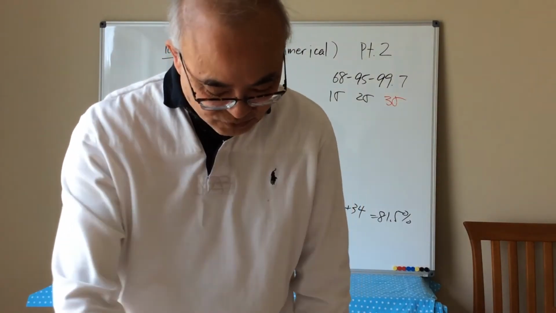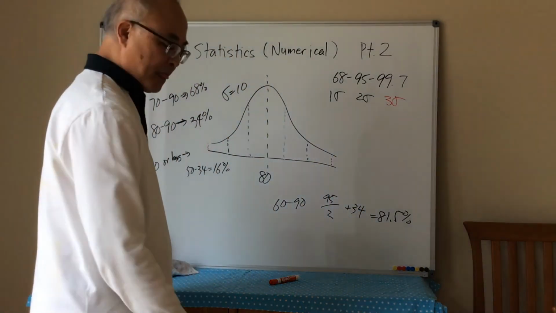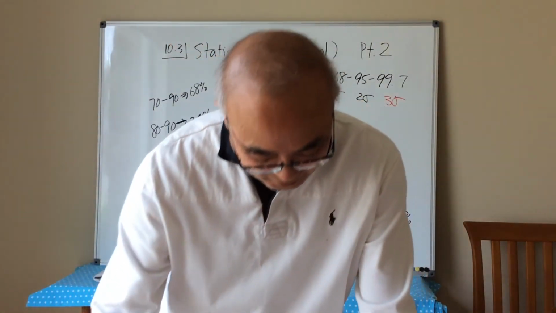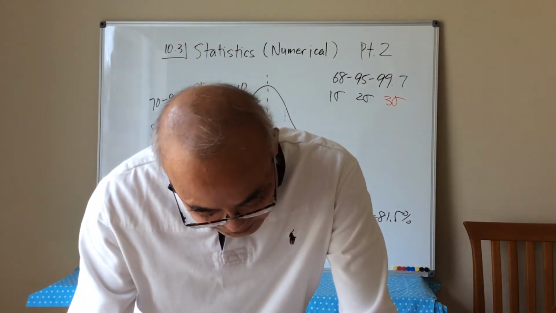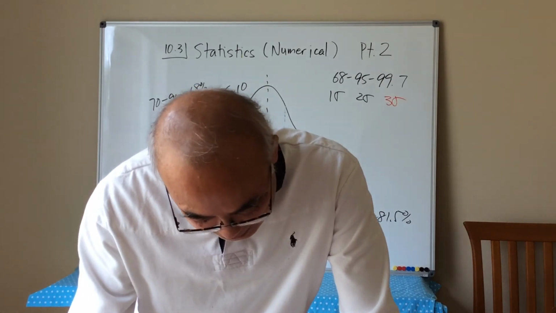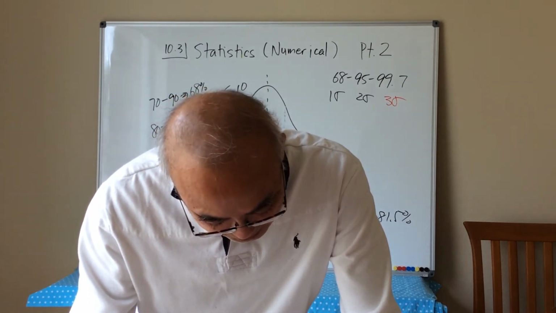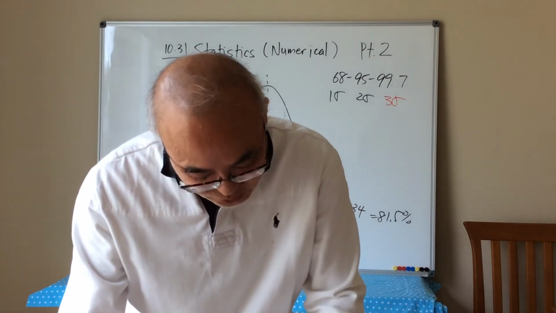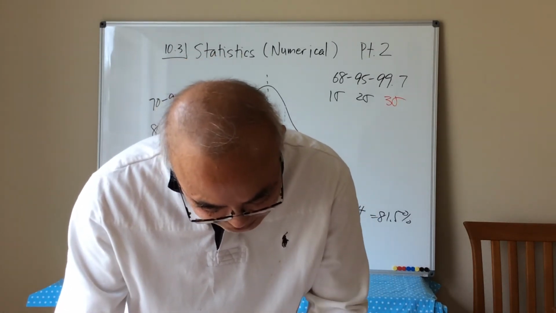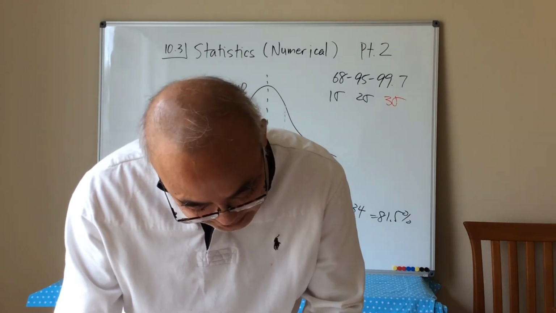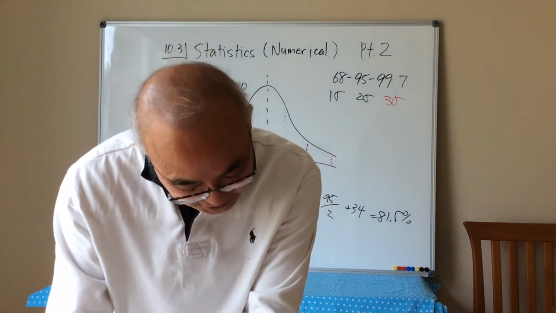All right, so let's see if we can do example 11 here. Example 11 says, based on the research data presented in example 10, would a loon chick weighing 95 grams be in the top 2.5% of the newly hatched loon chicks? So what is example 10? We did not do example 10.